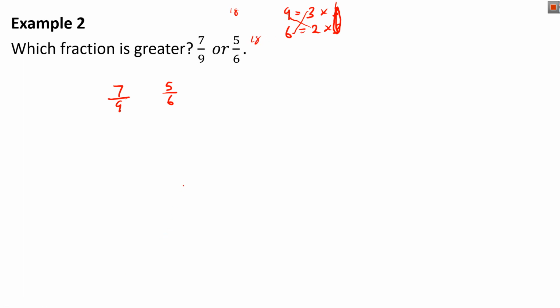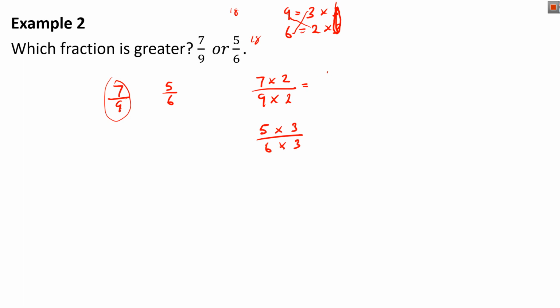So what we are going to do is multiply this one by 2 so that we can get 18. Both the numerator and denominator, to make an equivalent version by multiplying by 2. We've done equivalent versions before in our last class. Then for the other one, we multiply by 3 so that we can get 18 under 6 times 3.